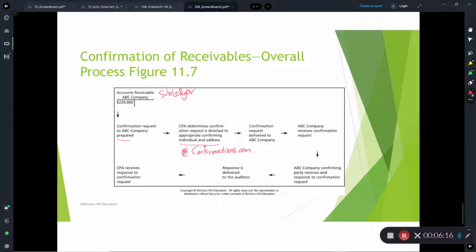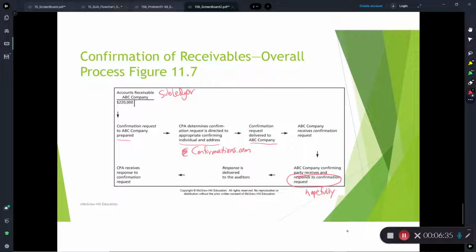The auditor wants to be in control of getting that confirmation to the customer, and the customer gets it. Hopefully they respond, but not all confirmations are going to be returned.